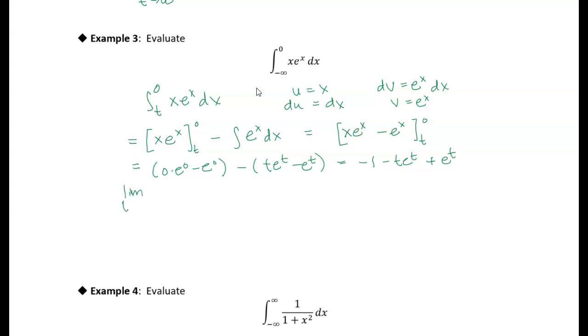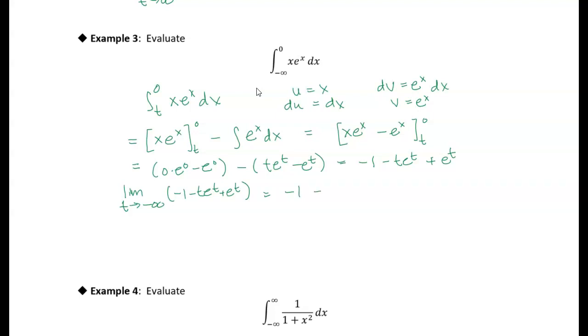So we want to look at the limit as t goes to minus infinity of minus 1 minus t e to the t plus e to the t. Well, part of this is easy: the 1 is just minus 1.